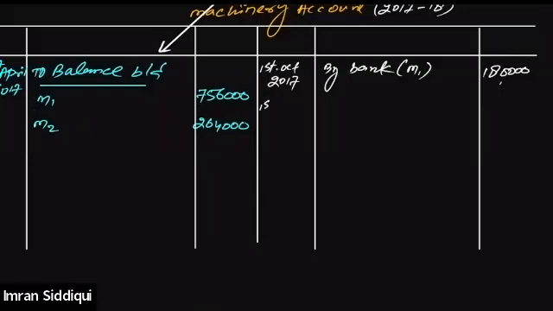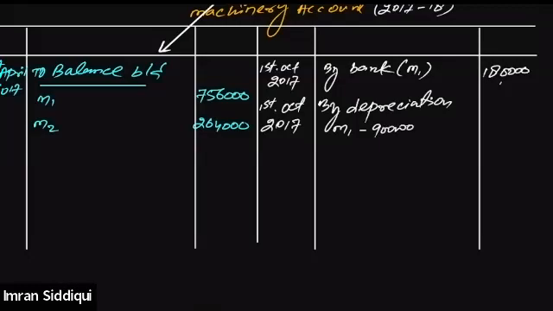So we'll calculate depreciation on 1st of October 2017. Depreciation in respect of machine one will be how much? We calculate depreciation on 9 lakh rupees at the rate of 8% per annum for how many months?